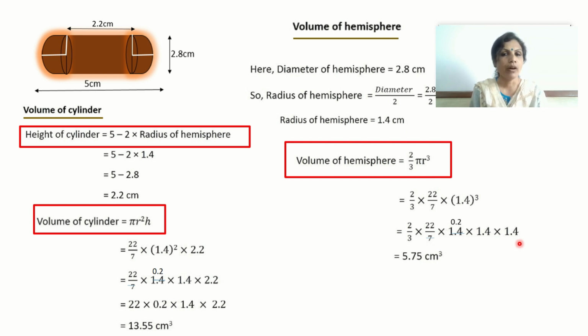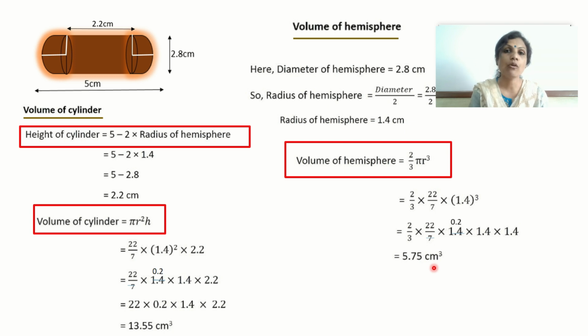So 1.4 you can cancel with 7. 7 into 0.2. So you will be left with 2 into 22 into 0.2 into 1.4 into 1.4 upon 3 into 1. Alright. So when you multiply the numerator and divide it by 3, you will get the answer as 5.75 centimeter cube.